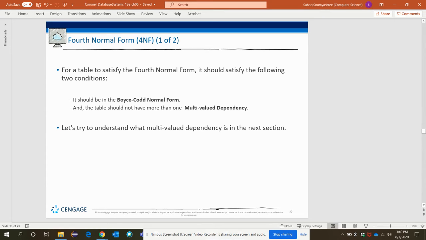Now there is another type of dependency. You learned about partial, full functional dependency and transitive dependency. Let's learn about multi-value dependency, which is essential for our fourth normal form.